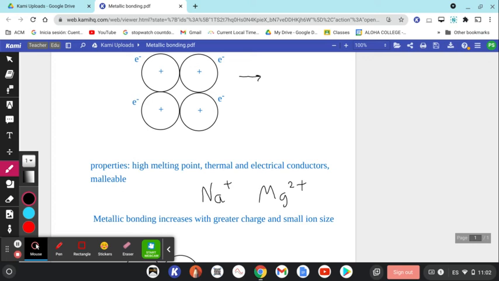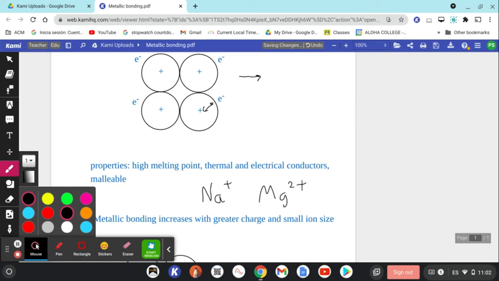There's also an increase in metallic bonding strength with smaller ion size, and that again has to do with the attraction between the nucleus and the electrons, because the smaller the ion, the closer the nucleus is to the electron, so there is a stronger attraction.